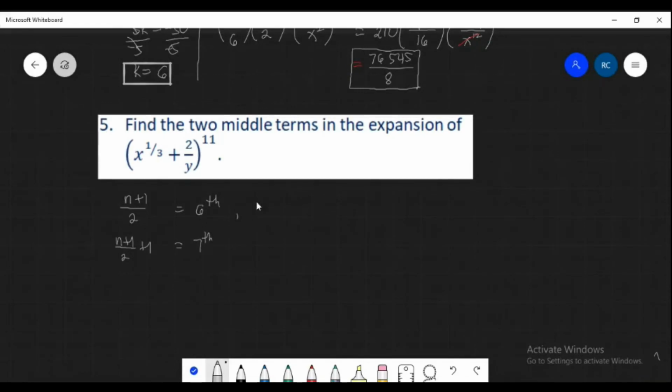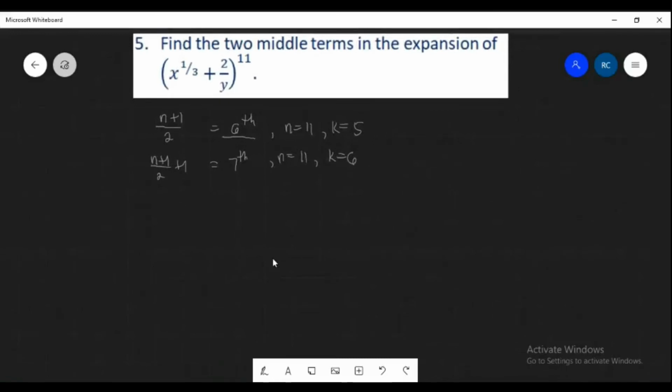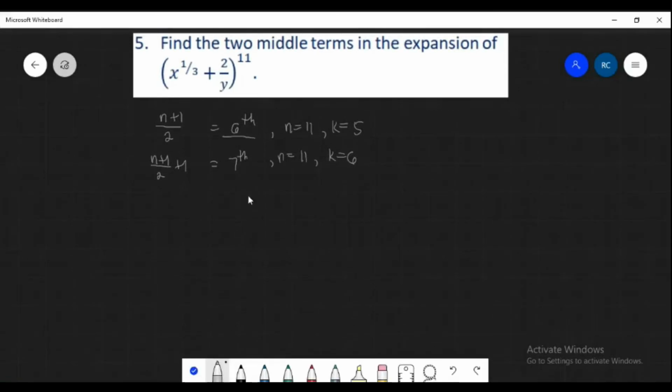Okay. Ang alam natin na yung n natin ay 11. N is 11. If yung hinahanap ay 6th term, ano po yung value ng k? 5. Okay, 5 lang. Dito naman ay 6. Huwag masyadong excited. Pupunta tayo dyan. Okay, dito tayo.